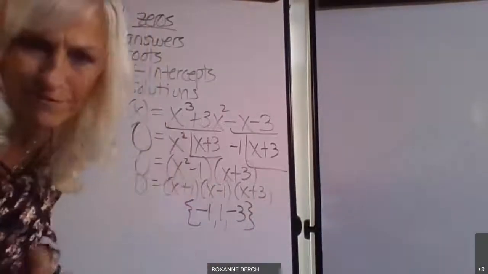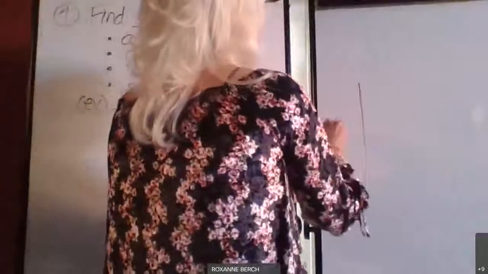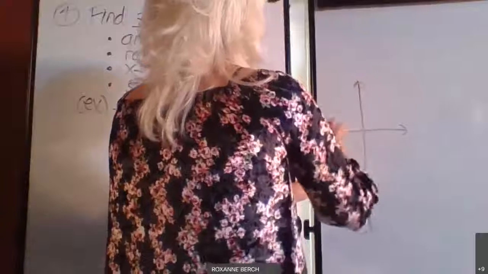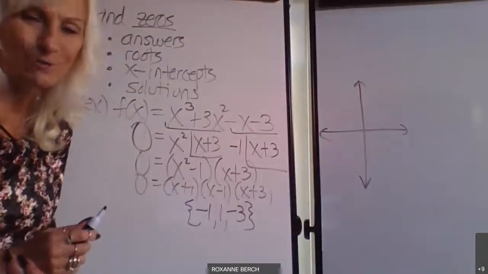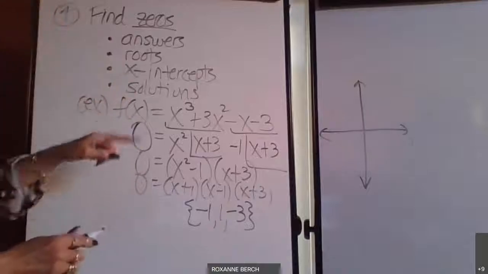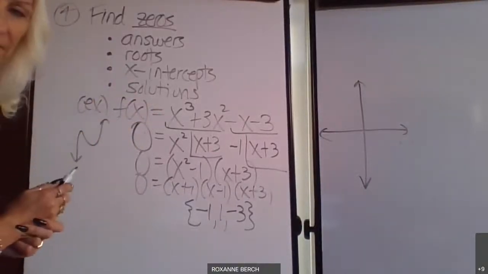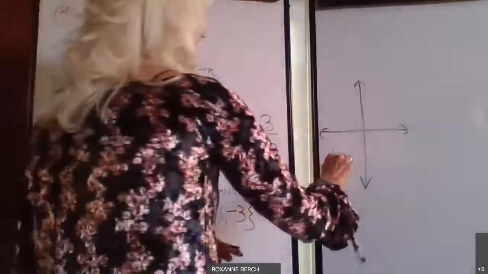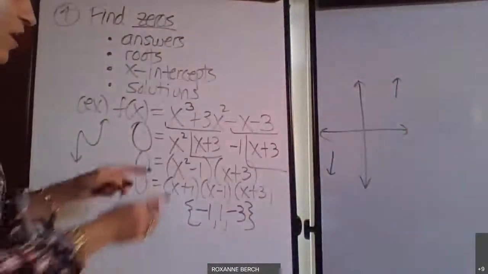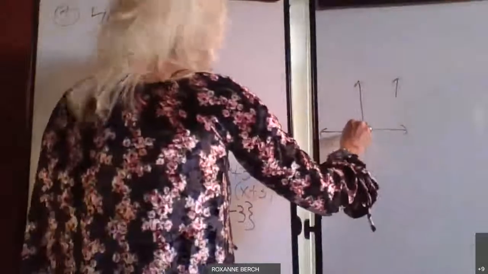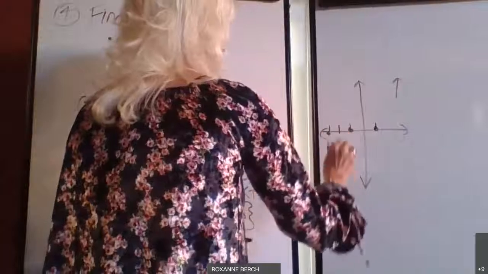What if they asked us to graph? Check this out. You don't need to write this down. Just watch. If they asked us to graph right now, this guy is a cubic, isn't it? So doesn't he go down on the left and up on the right? And aren't the solutions -1, +1, and -3?